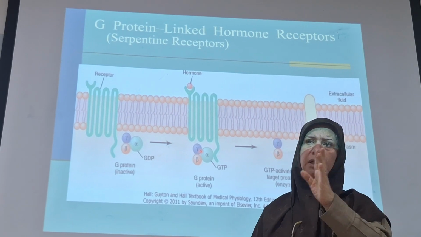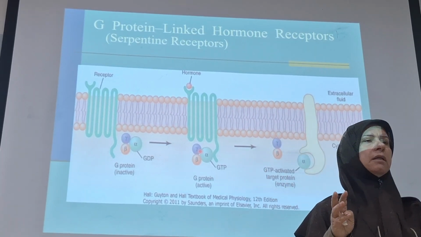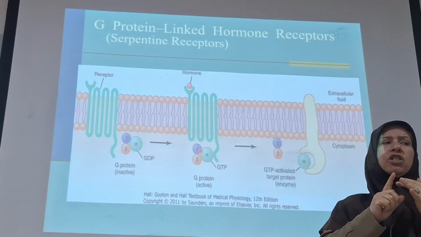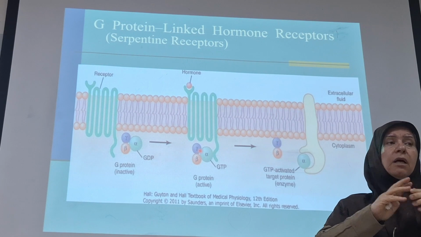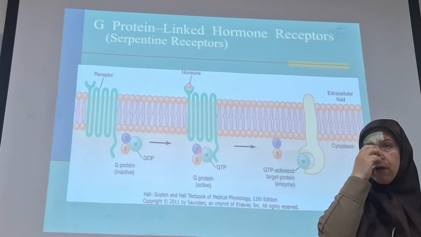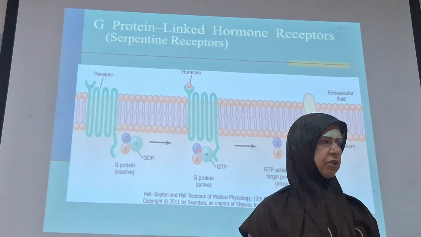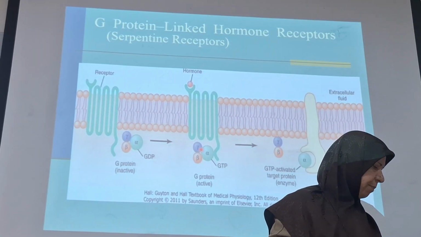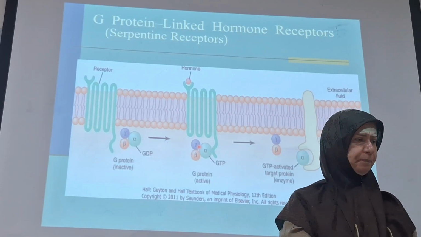For enzyme linked receptors, the important ones are tyrosine kinase: GH and prolactin, and insulin and IGF-1. Other peptide hormones act via G protein coupled receptors.